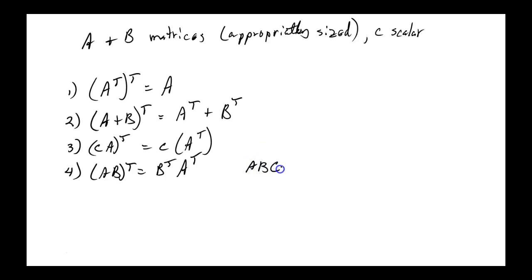A, B, C, D, E transpose is going to be E transpose times D transpose times C transpose times B transpose times A transpose. I did until I got tired of writing. And indeed that's true. Those 2 can be expanded.